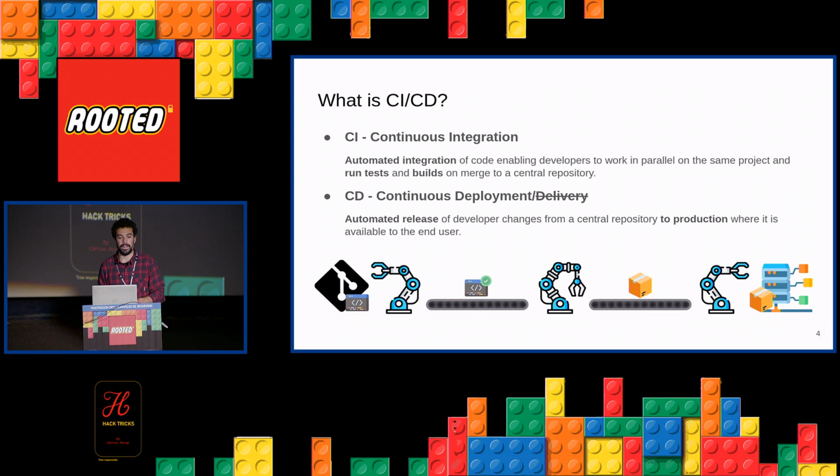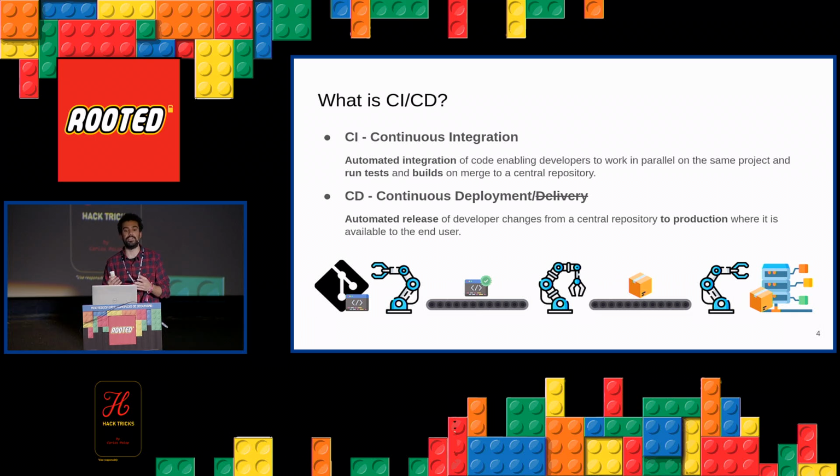Secondly, CD, there's different definitions about this depending who you ask. The two main ones are continuous deployment and continuous delivery. For me, they're different things, although sometimes they do get used interchangeably. For me, continuous delivery is when you're building some kind of package or a container image, some kind of artifact, a module, a package, a binary, and then once that's built, that would be part of the CI.